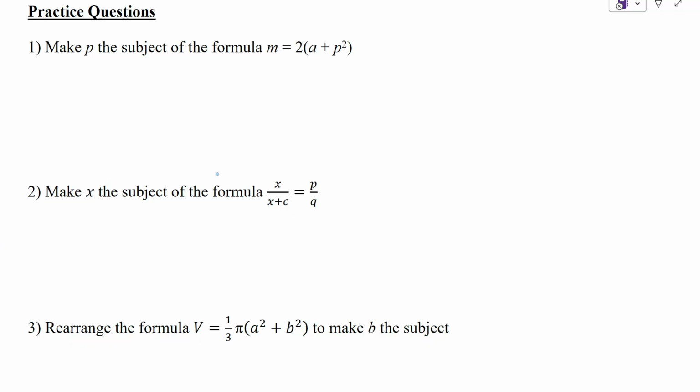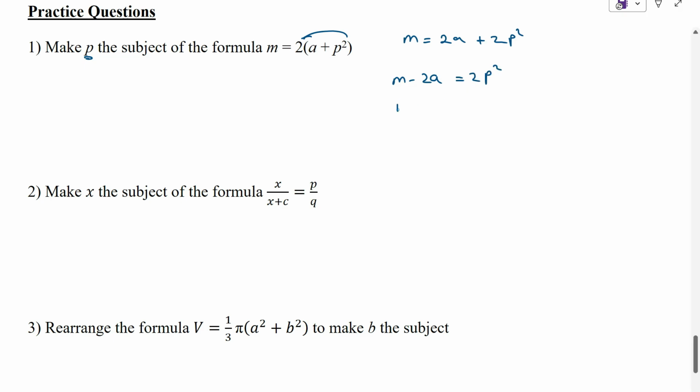Okay, so for this first question here, we need to make p the subject of this formula. So let's go ahead and multiply out this bracket first. So m = 2a + 2p squared. If we take this term over, we get m - 2a = 2p squared.